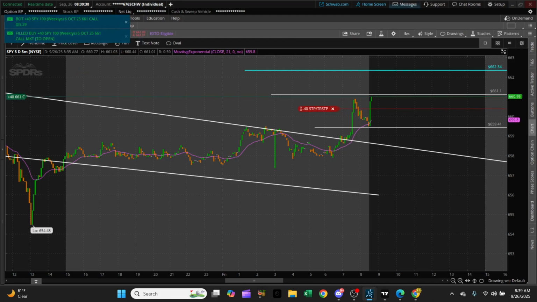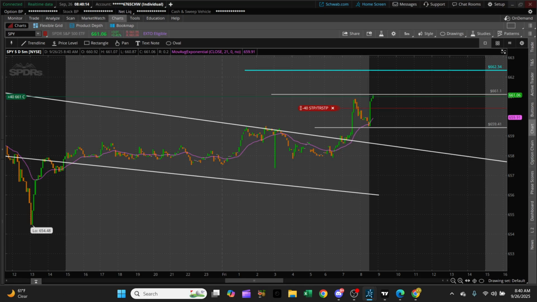Let's focus on the exits. Deep breath. Back to up in the score. 529 is the price we got in at. So let's see what the exit's gonna be. 29, so we got 566.